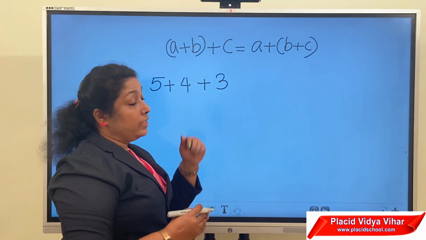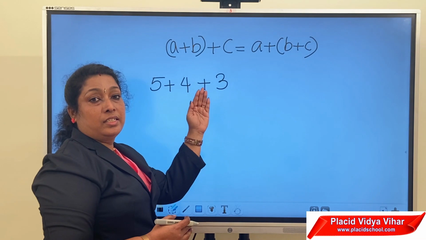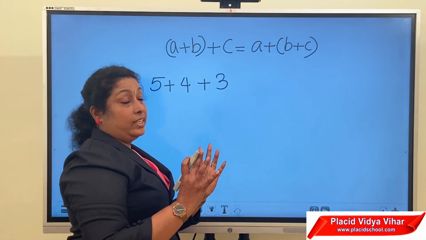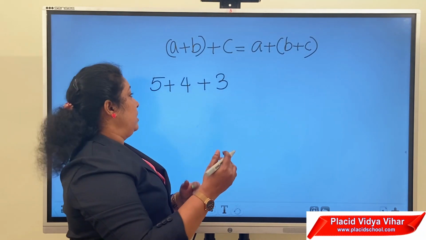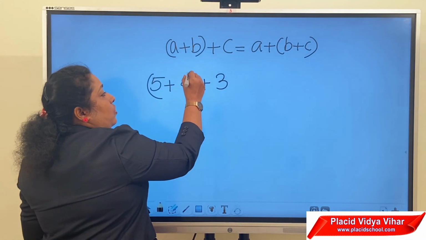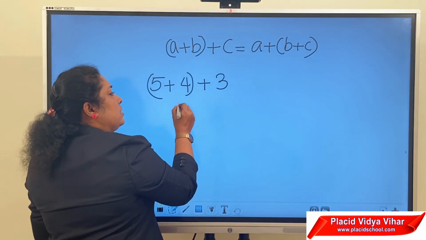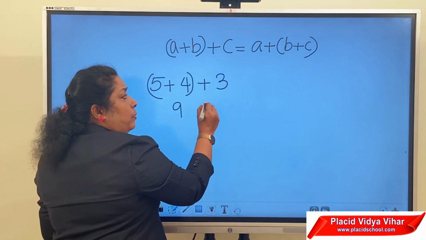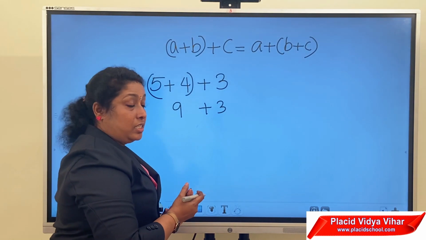I have written here three integers, 5 plus 4 plus 3. First, let us do (a plus b) plus c. That is 5 plus 4 plus 3. What is 5 plus 4? It is 9, plus 3. 9 plus 3 is 12.